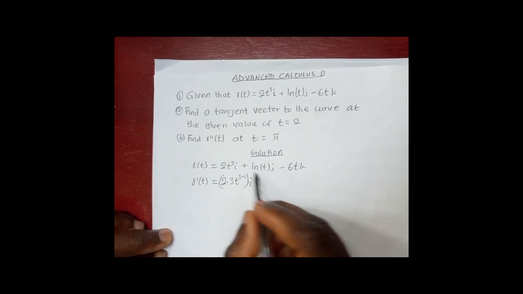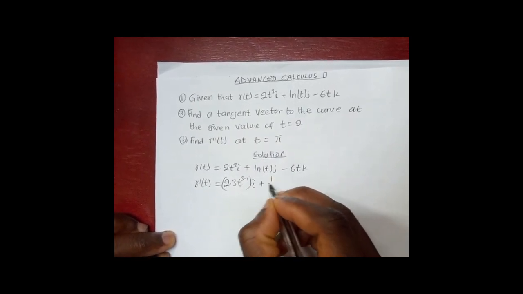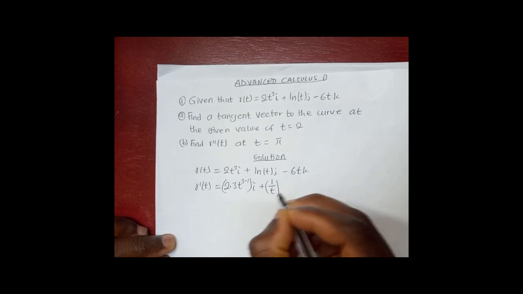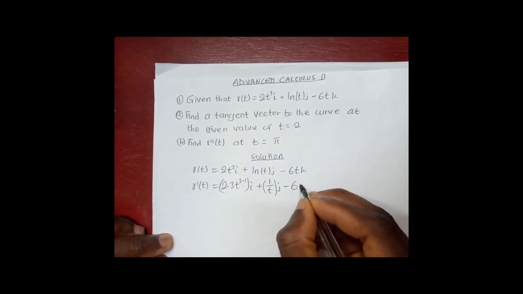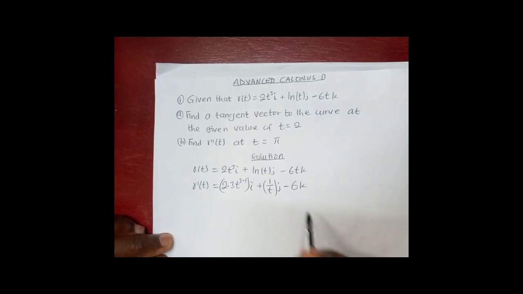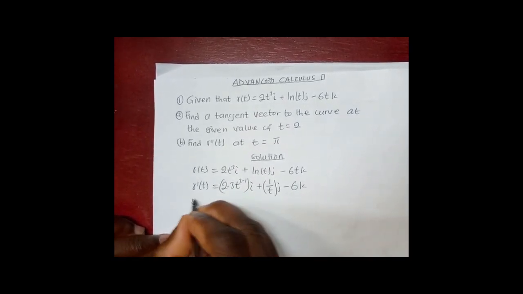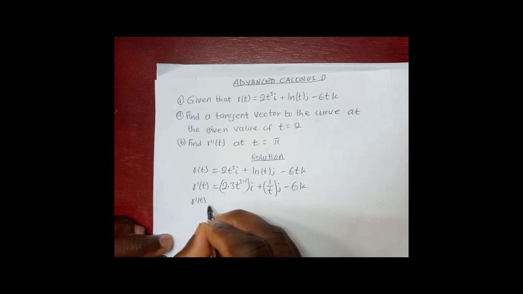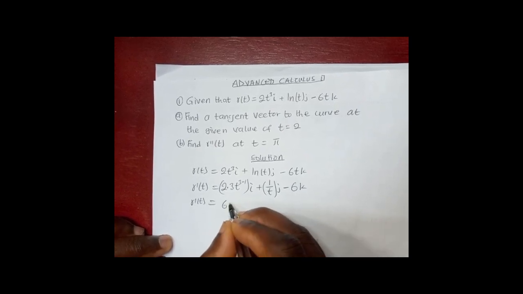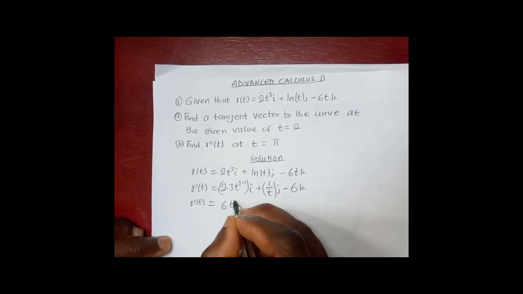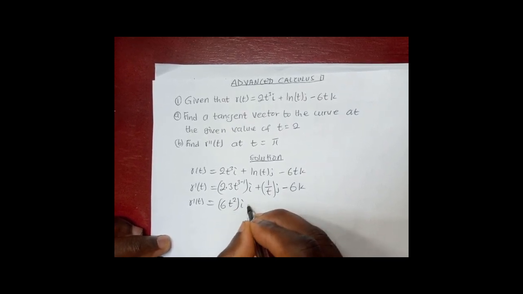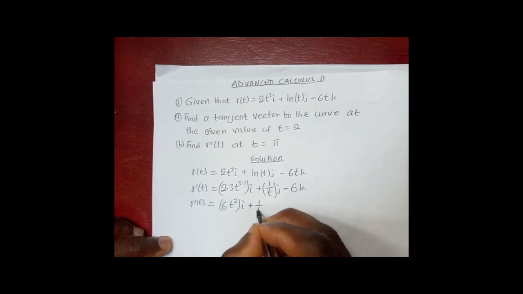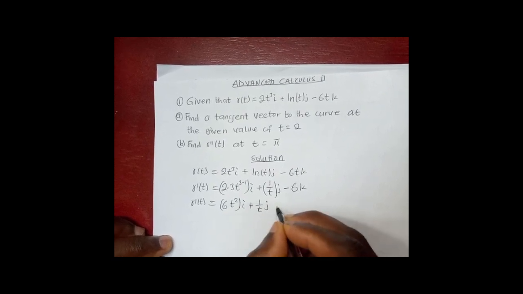If you differentiate this, you get 1 over t j minus 6k. So this is the first derivative: r prime of t equal to 6t exponent 2 i plus 1 over t j minus 6k.